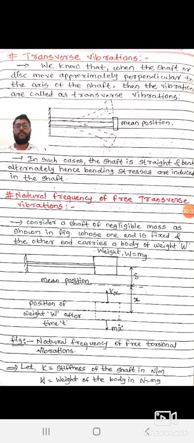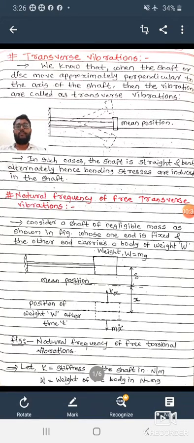Students, we know that in a shaft or a disc which moves approximately perpendicular to the axis of the shaft, that vibration is called transverse vibration. The diagram shows a single straight bar which deflects some distance.